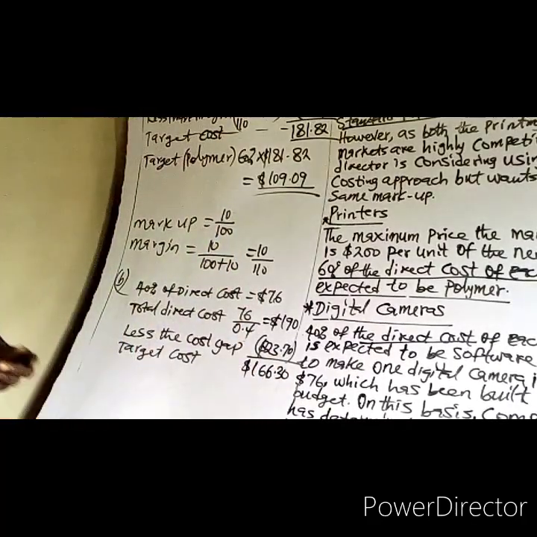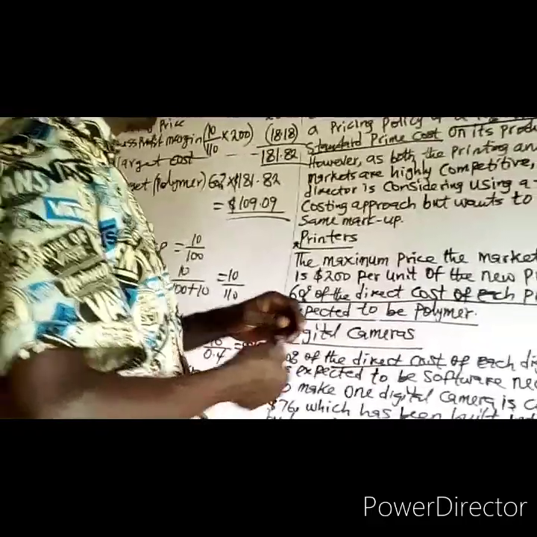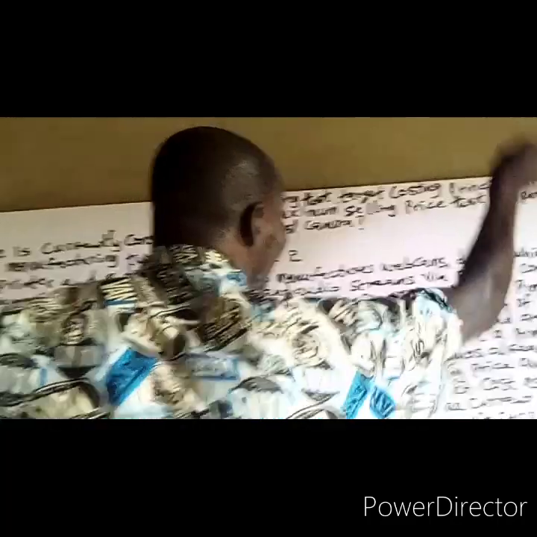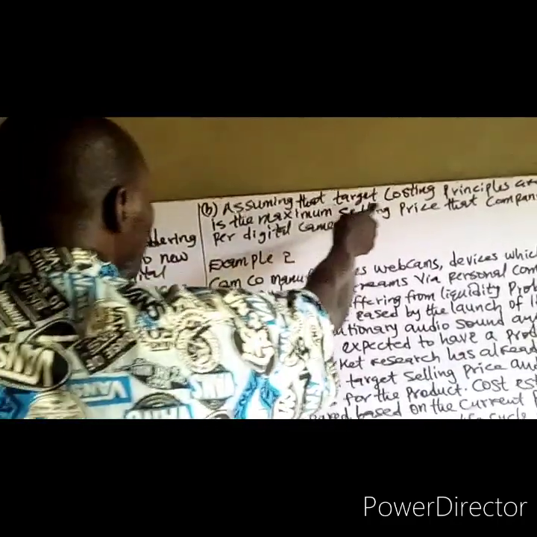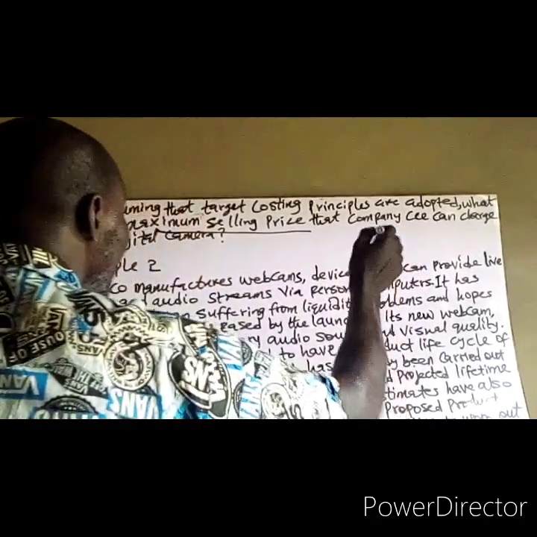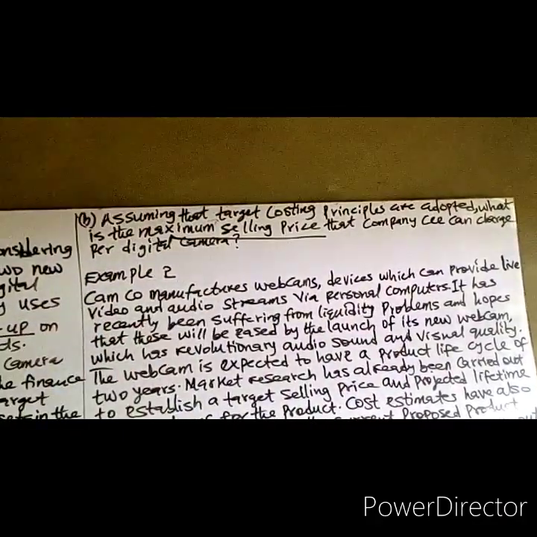Now we've got our target cost, and go back to the requirement in B. Assuming that the target costing principles are adopted, what is the maximum selling price? You have to determine the maximum selling price that company C can charge per digital camera.